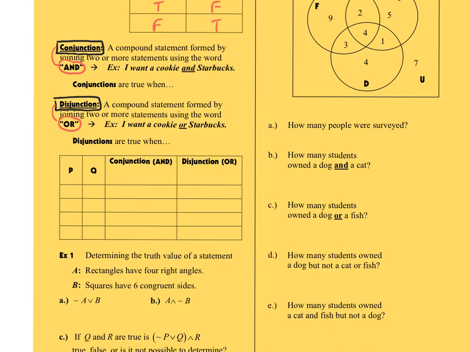We're also going to have some symbolic notation for conjunction and disjunction. So a sample sentence with a conjunction would say, I want a cookie and Starbucks. The word and symbolically can be written as an upside down V. And conjunctions will only be true when both parts are true.